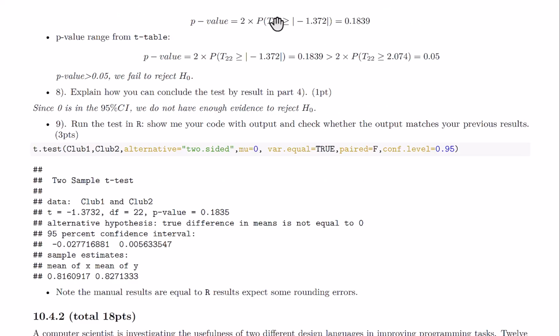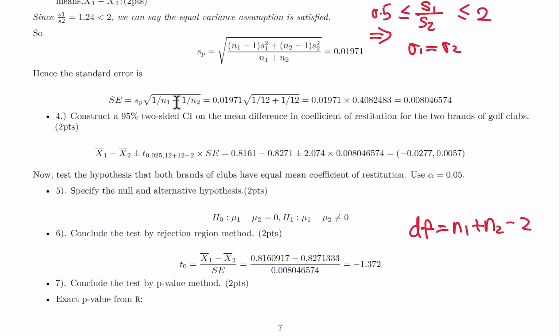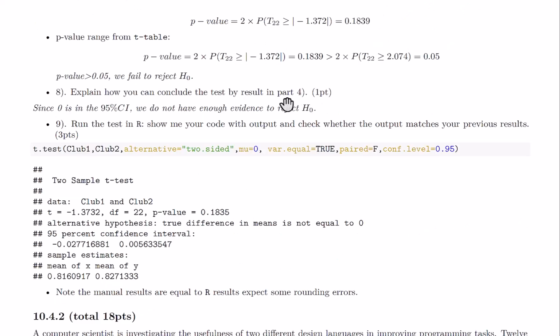And for the p-value, this is pretty much like the chi-square case. For the t distribution, we could either use the t-table to get a range, the same idea, or just use R to get the exact p-value. Either way will help us make the conclusion: fail to reject the null hypothesis, because our p-value is bigger than the alpha value, 0.05.